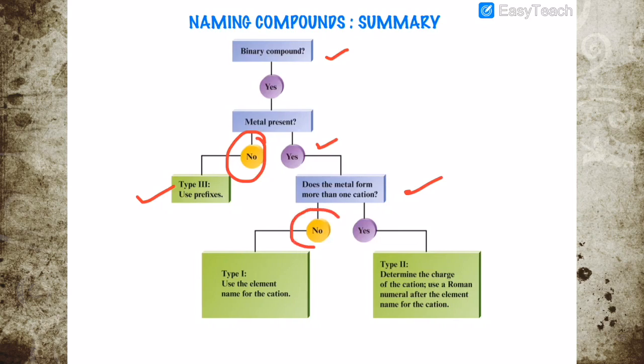If it is a no, then we follow the rule in naming a type 1, which uses the element name for the cation. But if it forms more than one cation, then we follow the rule of a type 2, wherein we have to determine the charge of the cation and use a Roman numeral after the element's name for the cation. I hope you had fun and learned something new about naming binary compounds.